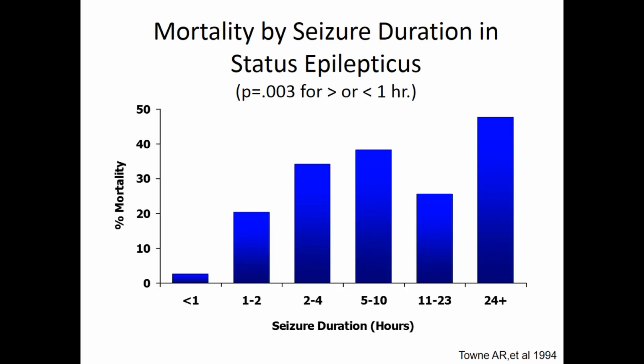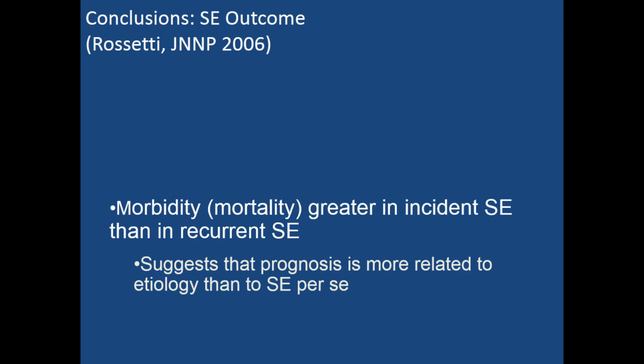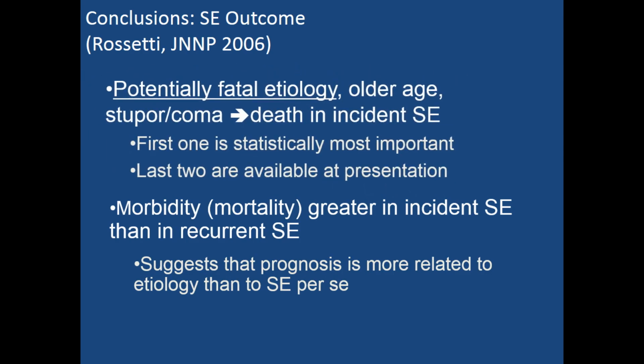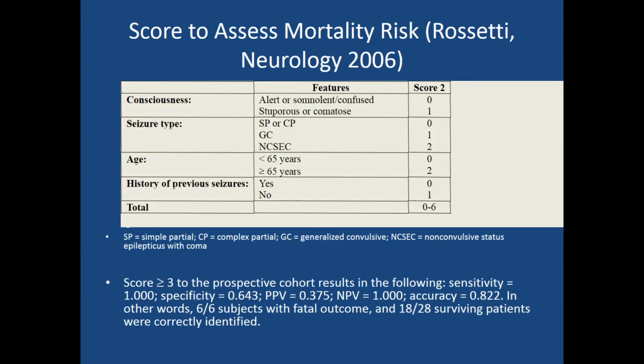And of course, mortality, the longer people seize, the more likely they are to pass away from this disease entity. Additional information regarding mortality. Or even scores have been created to try to help predict which patients are not going to do well with status.